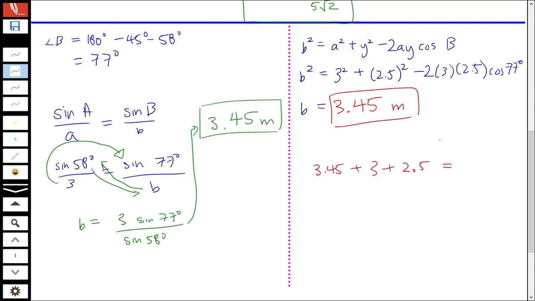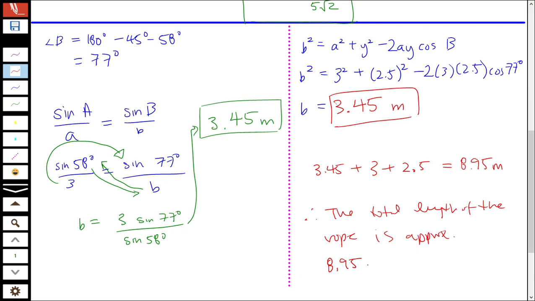This is going to give me 8.95 meters. So we're going to say, therefore, the total length of the rope is approximately 8.95 meters. Okay.